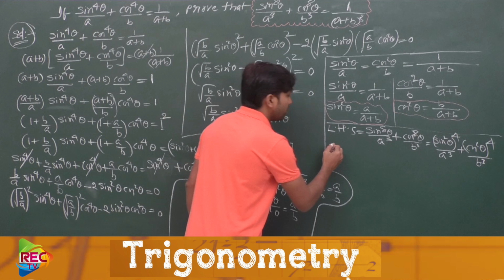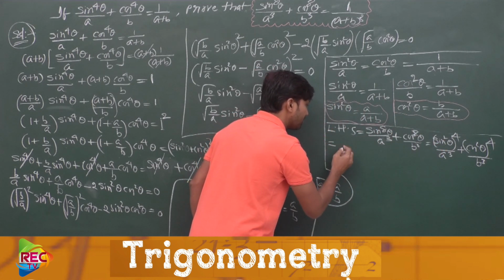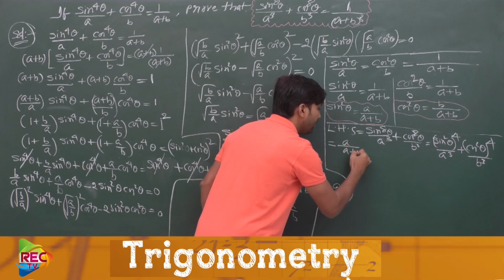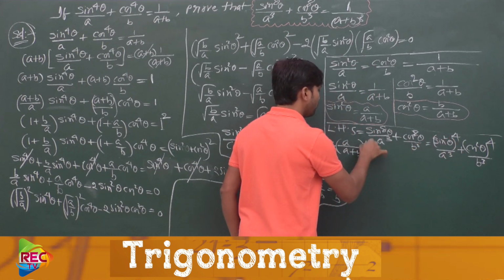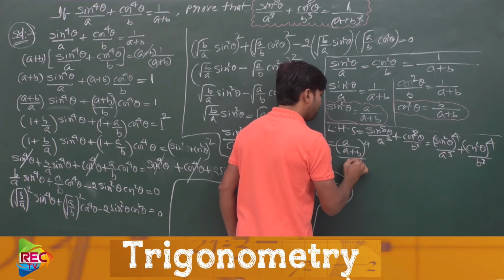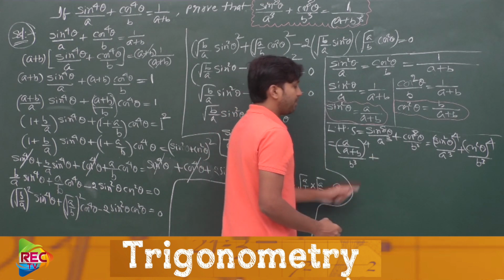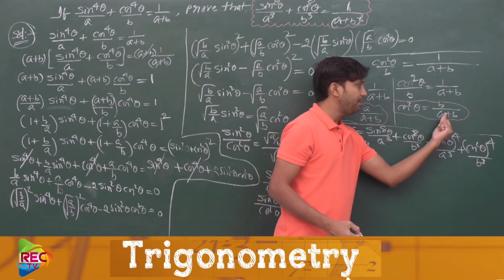Just put them. So here sin square theta means what? a by a plus b. Like this we can get a by a plus b, whole to the power of, how much is this? Power 4, no? By b cube plus, here cos square theta. What is the value of cos square theta? b by a plus b.